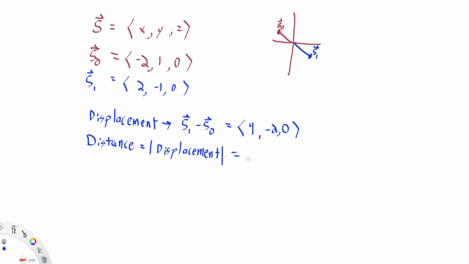So in this case, you'll recall from last time, we used the Pythagorean theorem to get the magnitude or the length of a vector. So in this case, we're going to have 4 squared plus 2 squared. 4 squared is 16, 2 squared is 4. So our distance is going to be square root of 20.